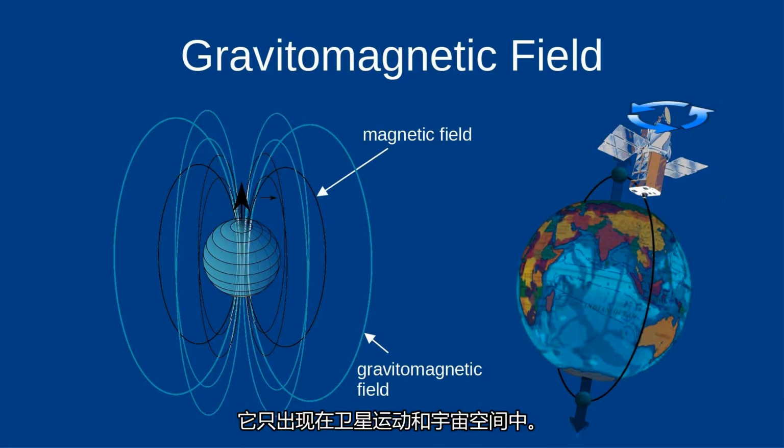It only appears in satellite movements and in cosmic dimensions. The rotation of the Earth creates a gravitomagnetic field. It has a structure similar to the Earth's magnetic field. The gravitomagnetic field causes the axis of rotation of satellites to wobble, which is called precession. This effect is observed experimentally.